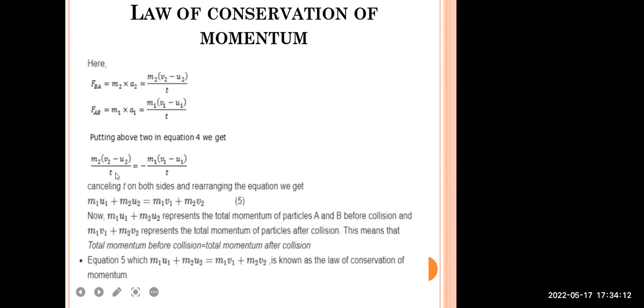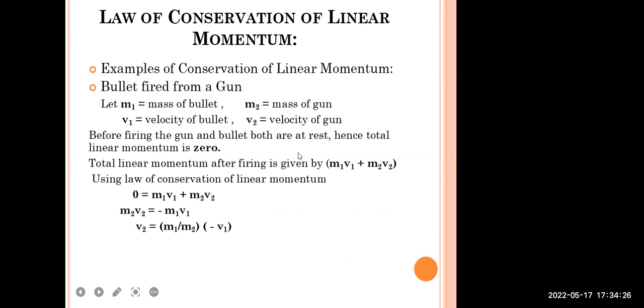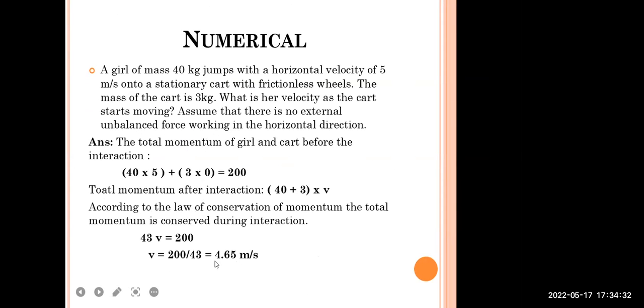As FBA is equal and opposite to FAB, the t will get cancelled out, and m1u1 plus m2u2 will be equal to m1v1 plus m2v2. This is nothing but the law of conservation of momentum. A bullet fired from a gun is an example of the law of conservation of momentum. And here we are seeing a numerical based on this.